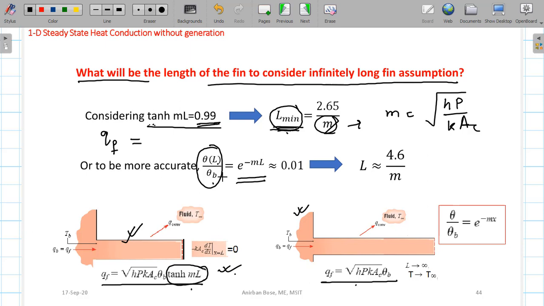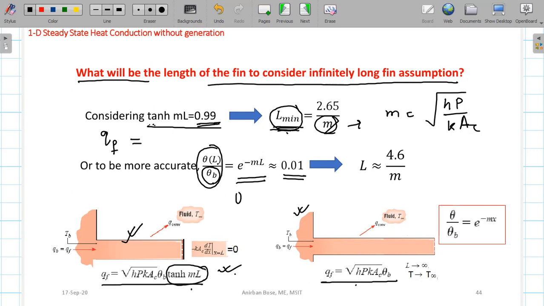Now, why are we considering this quantity to be very close to 0?